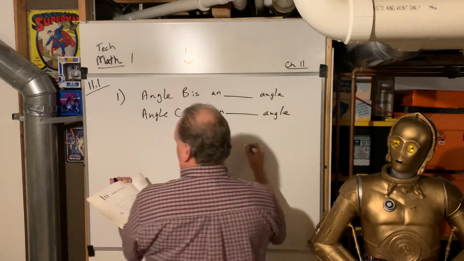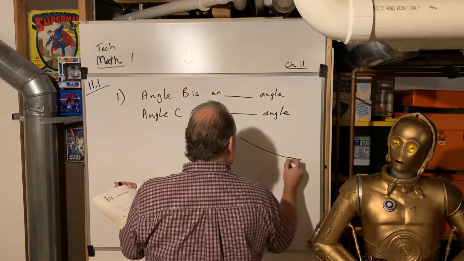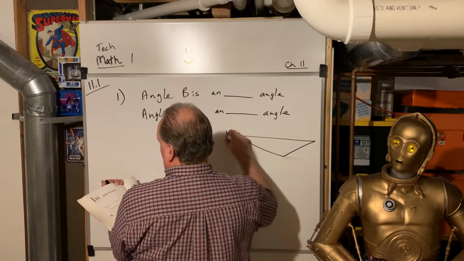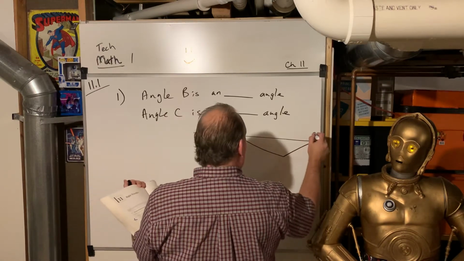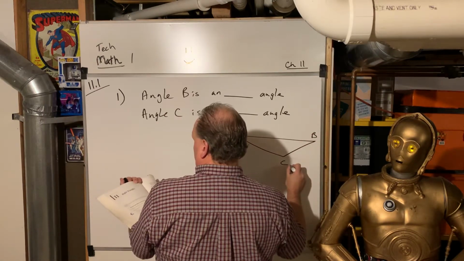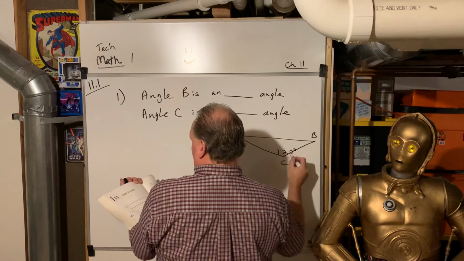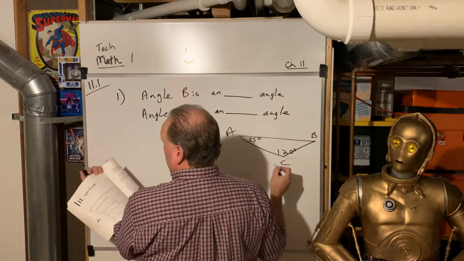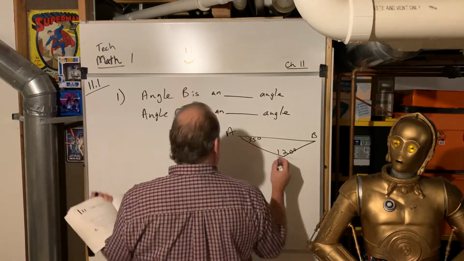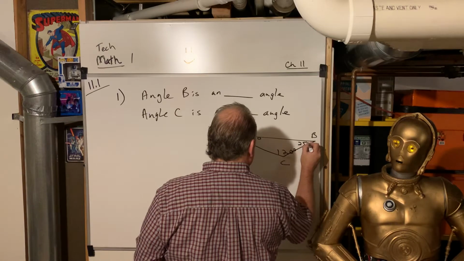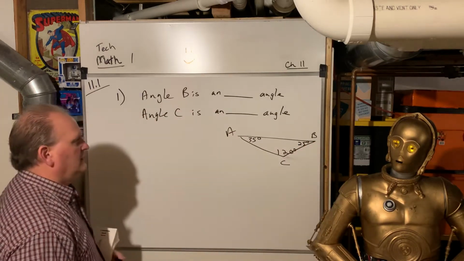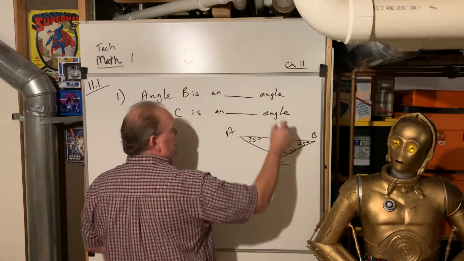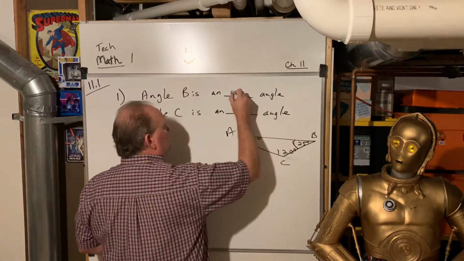And the picture here is ABC, with 120 degrees there and 35 here and what is that, a 25 there. So angle B, that's this angle, is an acute angle.